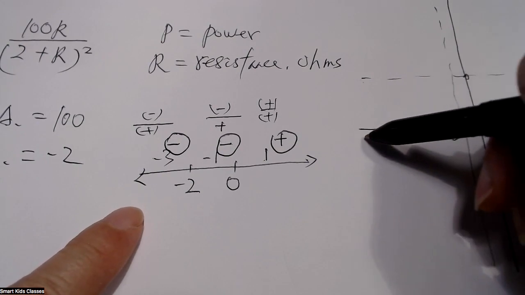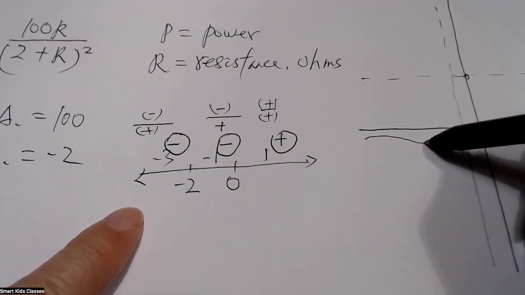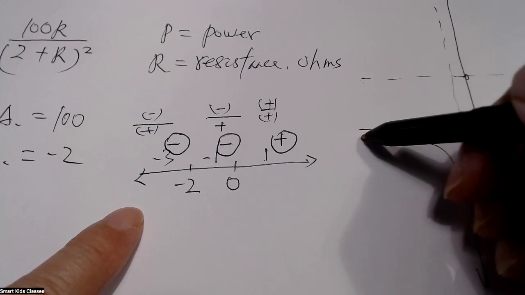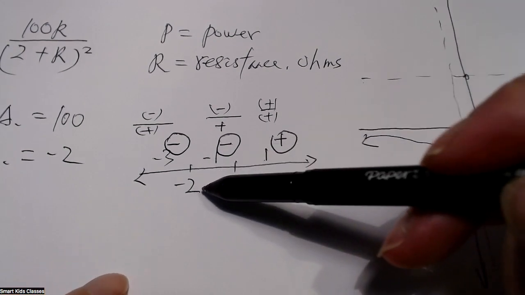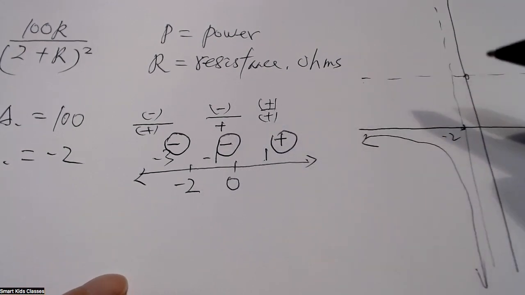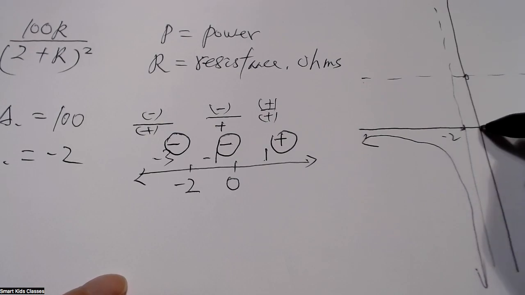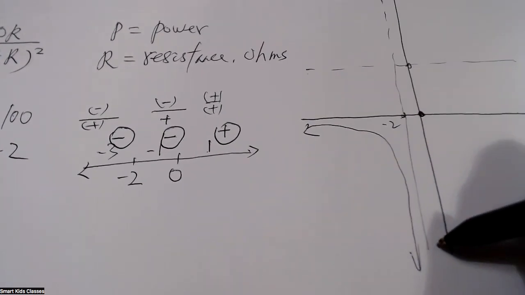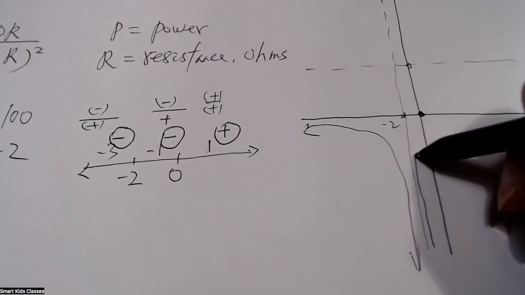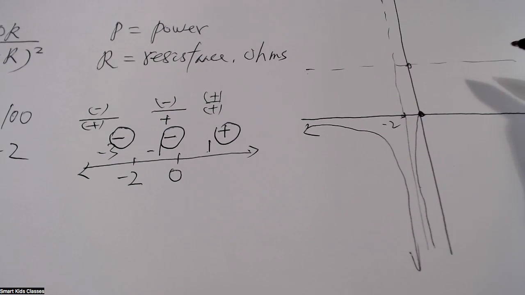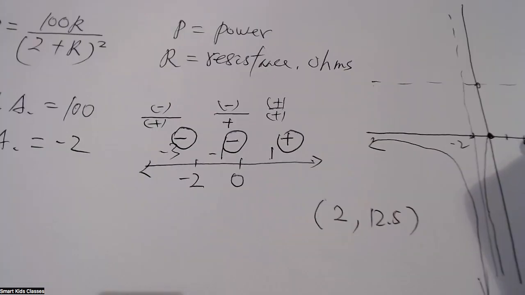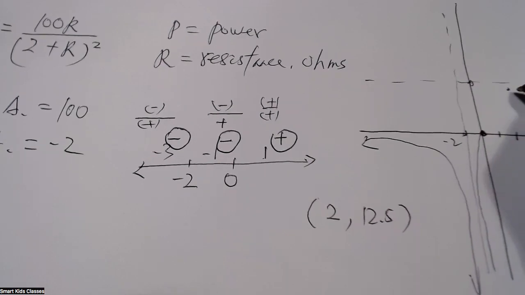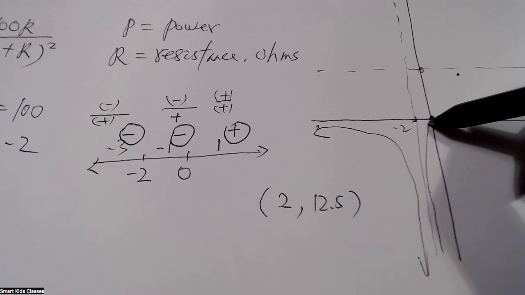We got negative, so we plot the graph here. From negative 2 to 0, negative. The y-intercept when x equals 0 is at the origin. So we plot negative and we go up. You're going to get the point 1, 2, and 12.5, it will be somewhere here. So we move up here.